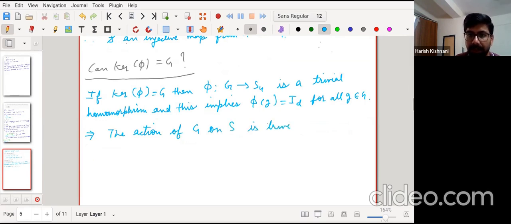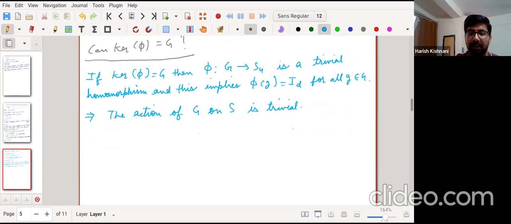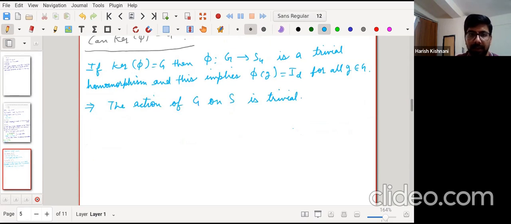Means each element of G is fixing each element of S. And what does this mean?